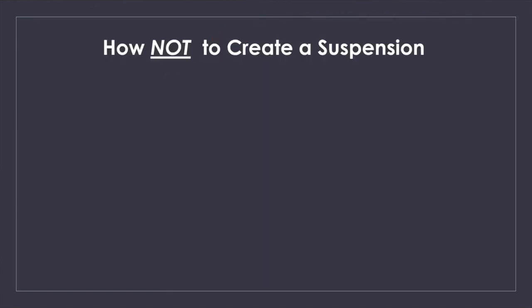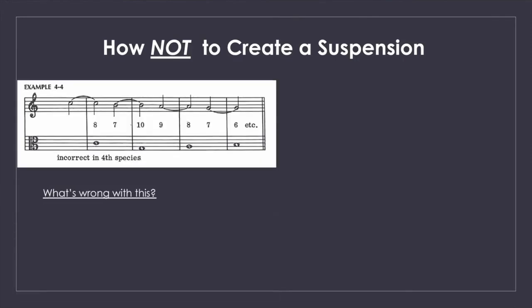Let's look at 2 incorrect types of suspension. In this example, it's the same as the last one, except we just shifted it the opposite way. And this one just does not work. So why does it not work?